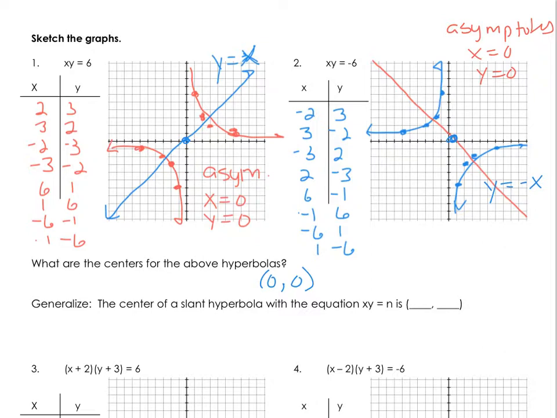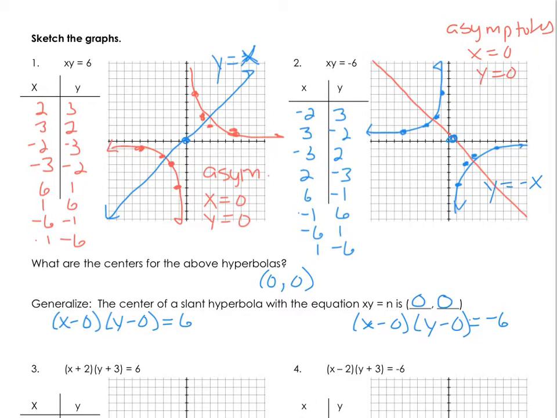So couldn't we write the above equation as x minus 0 times y minus 0 equals 6, and x minus 0 times y minus 0 equals negative 6. So the center of the slant hyperbola with the equation x times y equals any number is going to be 0, 0.